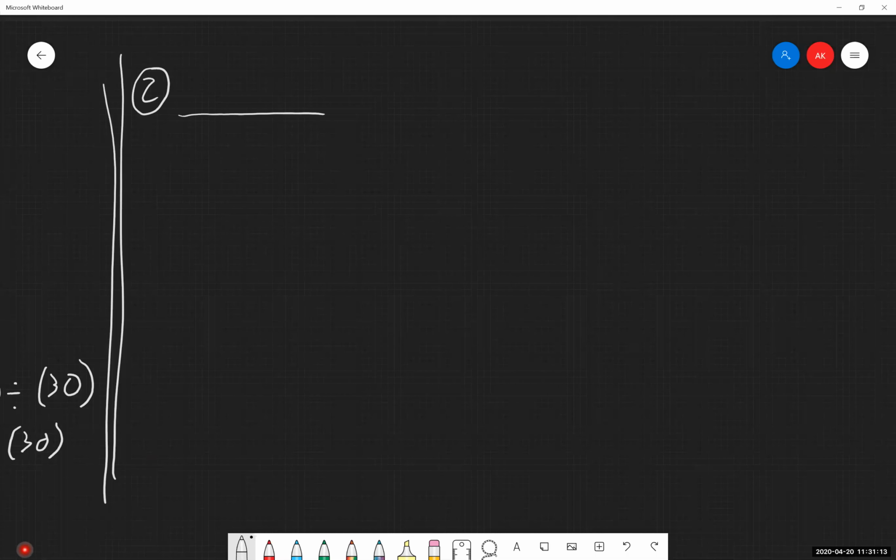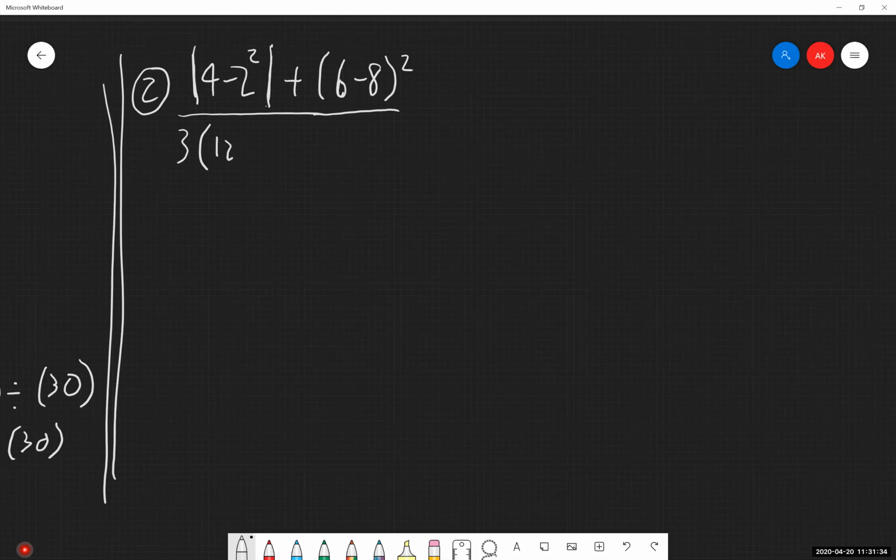So we have the absolute value of 4 minus 2 squared plus the quantity of 6 minus 8 squared. And then we have our denominator. I'm checking to make sure I have everything written down correctly because I messed that up on one of the earlier examples, and it's looking good.